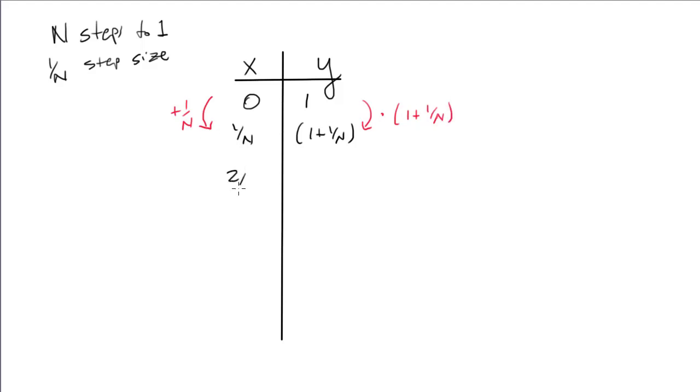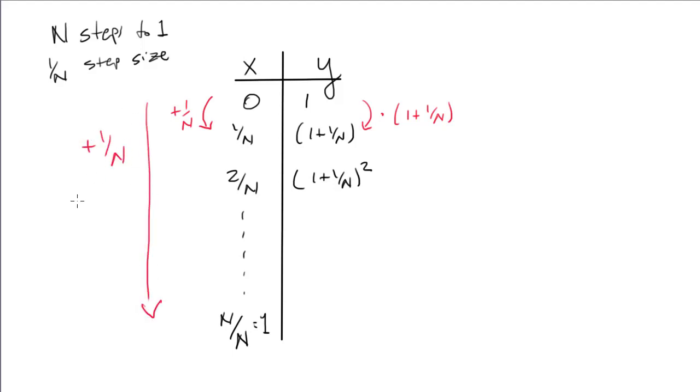So I keep adding 1 over n's until I get to 1. So I've done n over n, I've added 1 over n times. So on the output side then, I'm going to multiply by 1 plus 1 over n times.